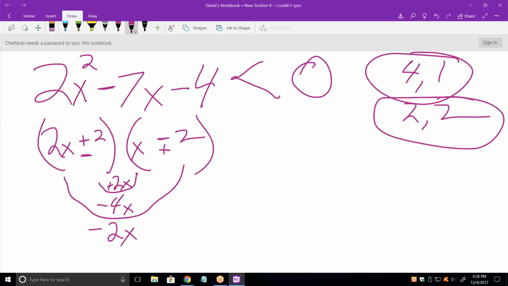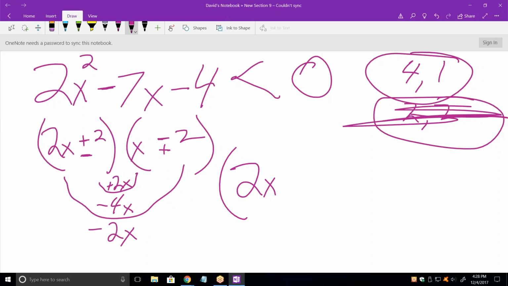So, in other words, plus 2 or minus 2 is not going to work. So I know it's not 2 and 2, it must be 4 and 1. Well, let's try that. Here's where we're at. 2x plus minus. Over here we have x minus plus. We're going to try 4 and 1.